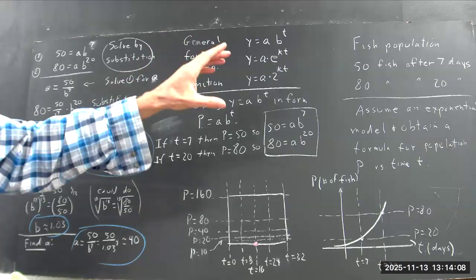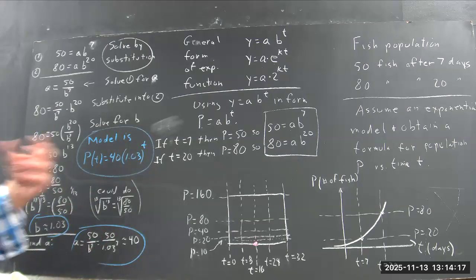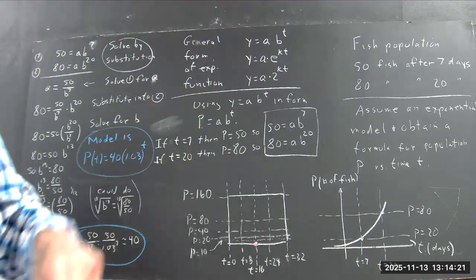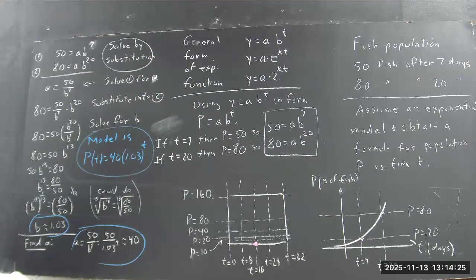We would get from this information exactly the same model. This will model exponential growth for anything where you got 50 of something after 7 of whatever, days, years, months, miles, and 80 after 20 of those things, okay?